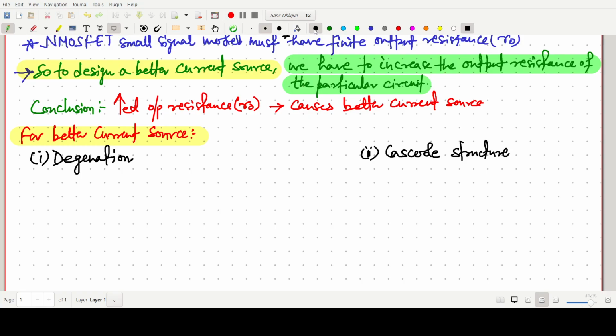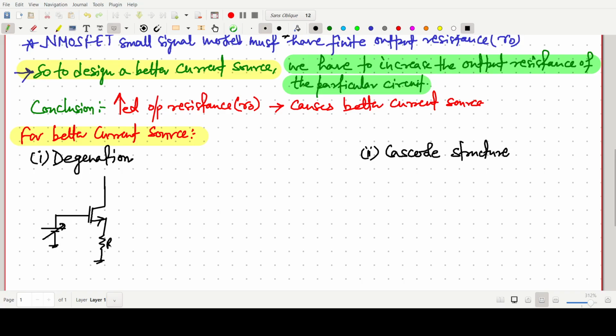So I will directly make the circuit. I'm not going to solve it; I have already solved it in some other video, so you can solve this one. In degeneration, what we have to do?